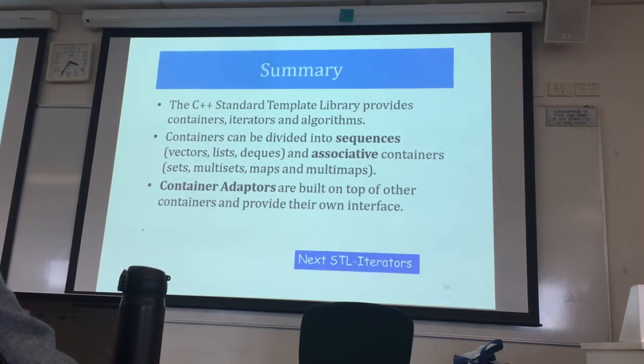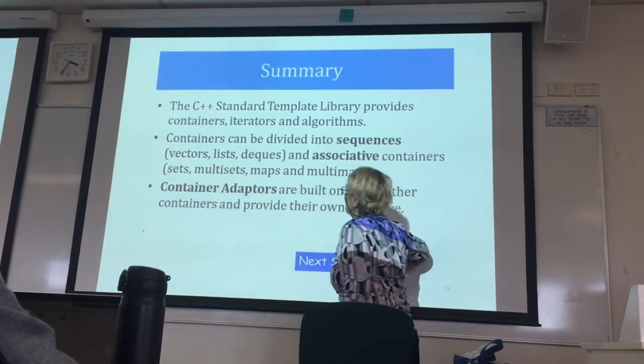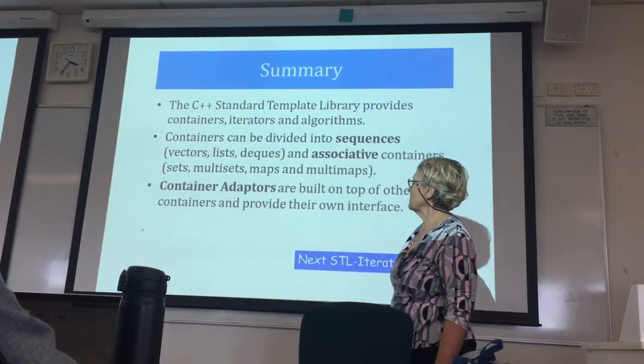We have looked at containers, a subset of containers. The most useful are vector, list, and double-ended queue, and you should know the main differences between these sequence containers and the associative containers.